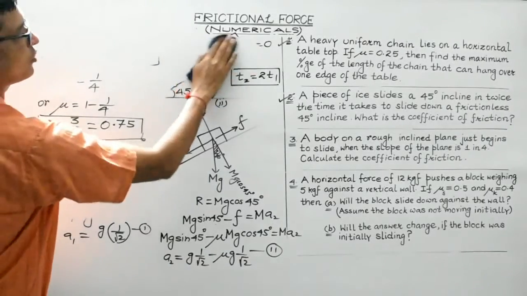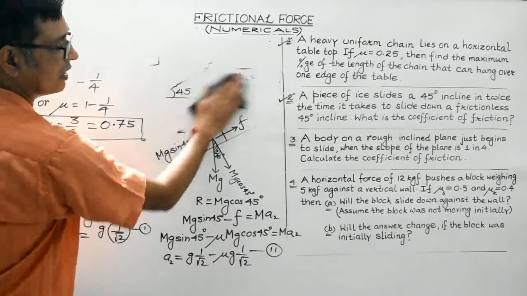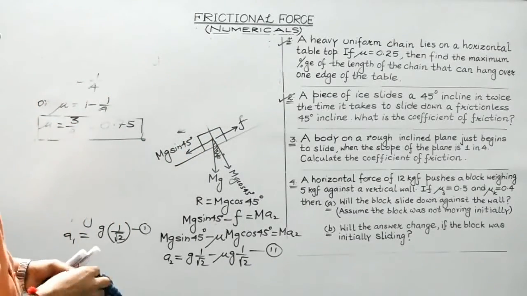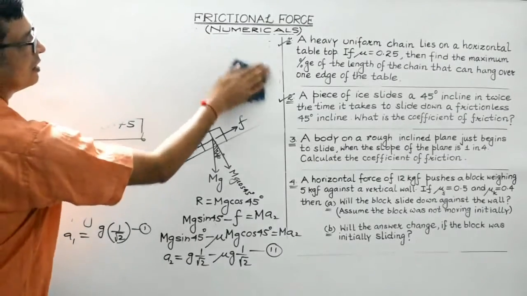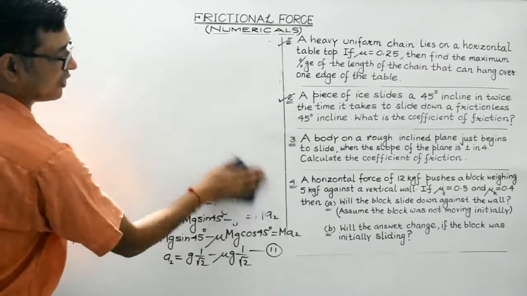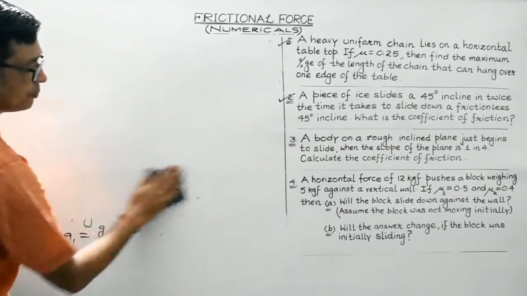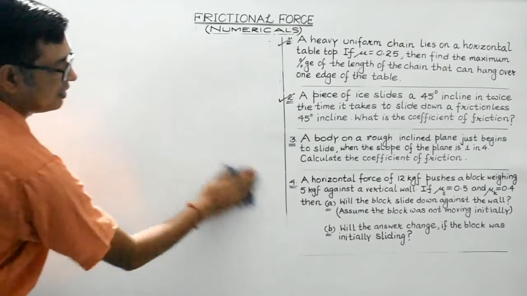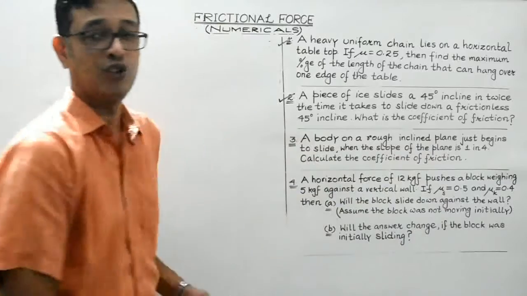Question number 3 is a pretty simple one. It states that a body on a rough incline, which obviously means that the inclined plane is offering some force of friction, just begins to slide when the slope of the plane is 1 in 4.